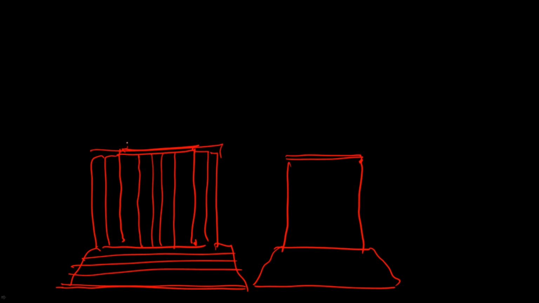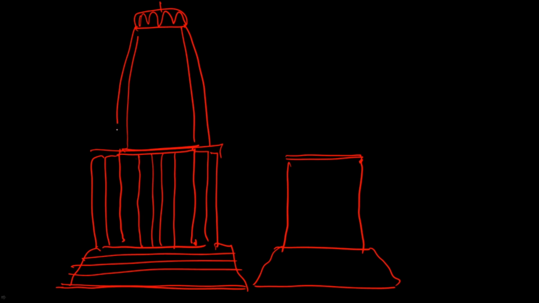So when you have a spire with your amlaka on top, one way to accommodate this is to have a simple spire, and corresponding with all the projections you have lesser spires.